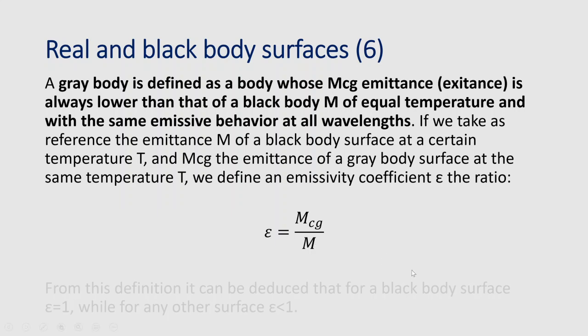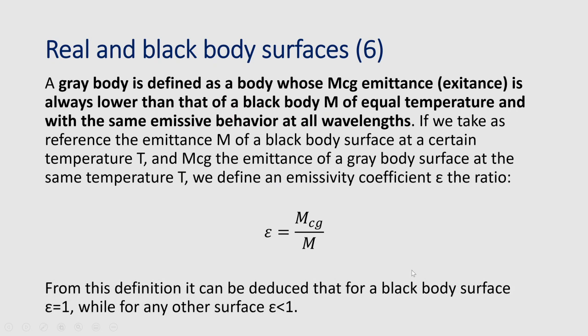From this definition, it can be deduced that for a black body surface, epsilon is of course equal to 1, while for any other surface, epsilon is less than 1.